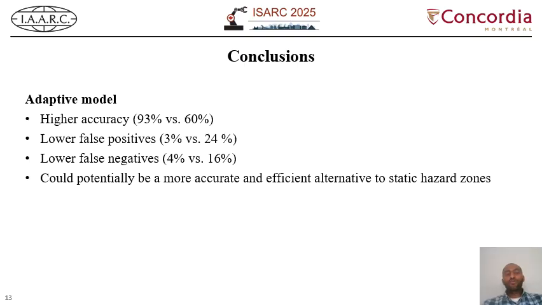It has also lower false negatives, which is 4%, compared with 60% for the static hazard zone. So we can say that the proposed model has the potential to be an alternative to the static hazard zone for more accurate and efficient hazard detection.